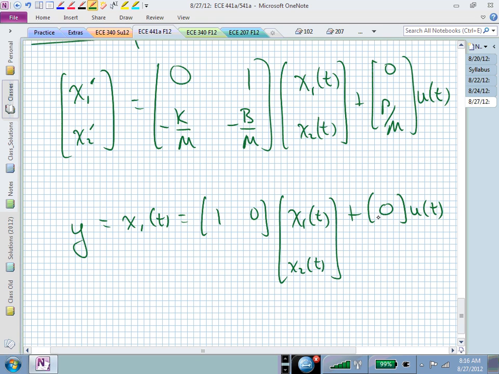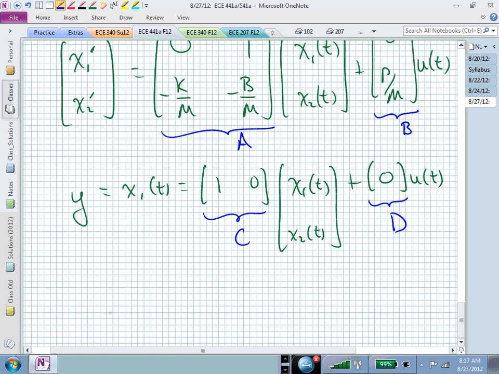I'll just go ahead and throw that D matrix in there, even though it really doesn't exist in this particular example, but I'll carry it through and then set it equal to 0 at the end. There's our system matrix A. Here is our input matrix B, the output matrix C, and the direct feed-through matrix D. We now have then x' = Ax + Bu, y = Cx + Du.